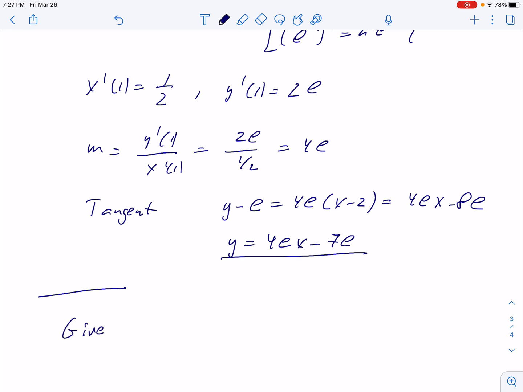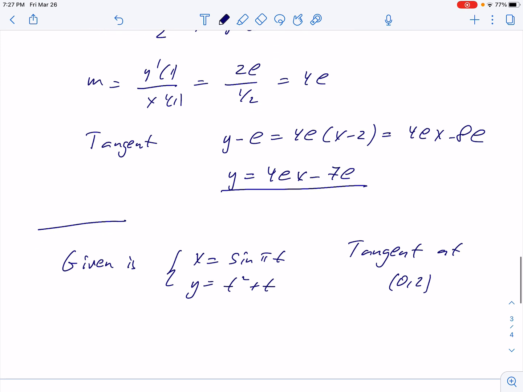Given is the parametric curve with equations x equals sine pi t, y equals t squared plus t. Find the tangent at the point (0, 2). Again, we have to find t0 for which we get the point.